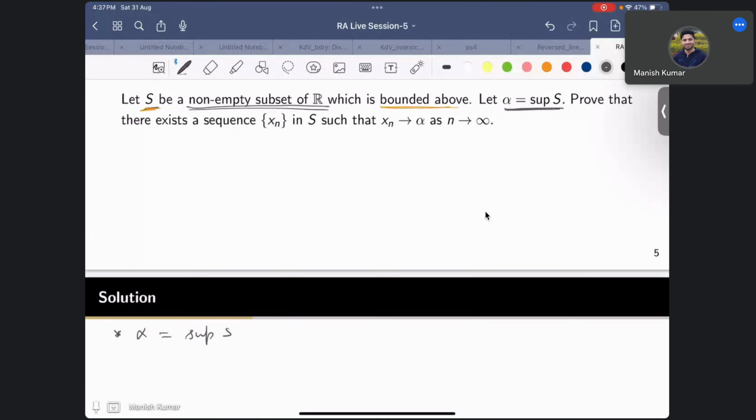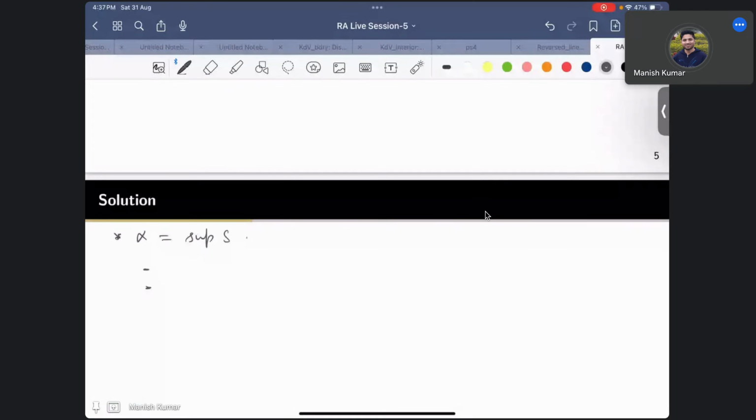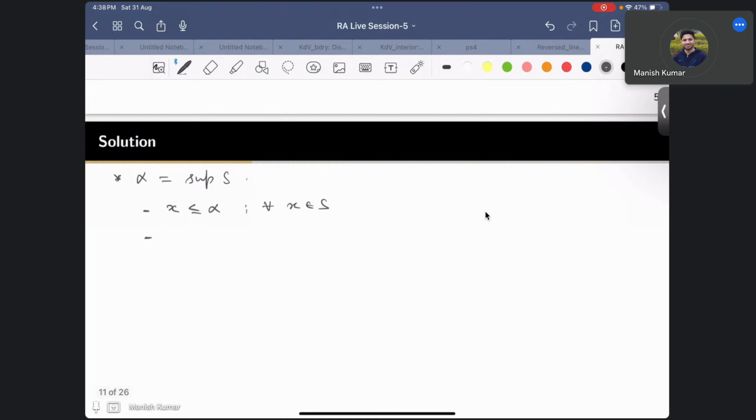First, it is an upper bound for the set S. That means x is less than or equal to alpha for all x belonging to the set S. The second thing is that if I decrease the value of the supremum by some amount, then I'll get an element of S which is greater than this. So nothing less than alpha can be an upper bound.